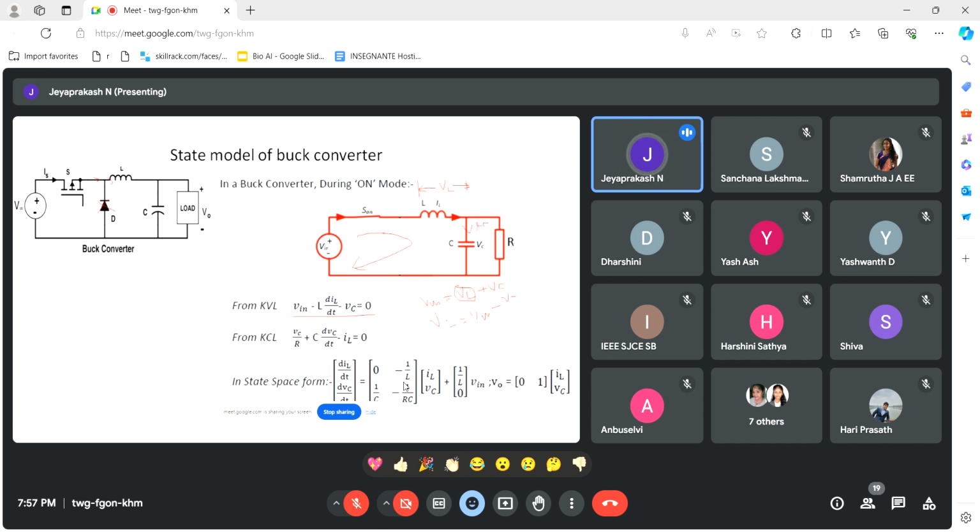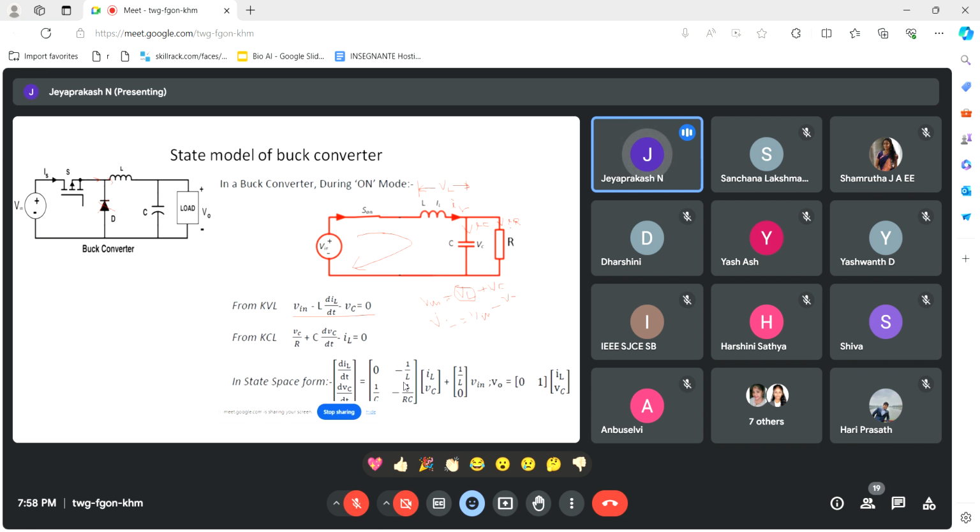The total inductor current IL divides into two paths: IC, and IR, the load current. Writing the equation, the current through the resistance I write in terms of voltage: I is equal to V by R.